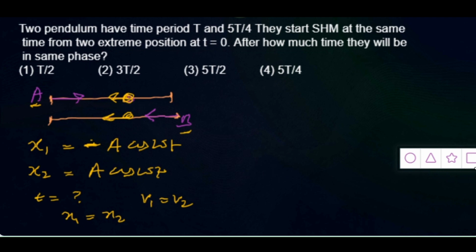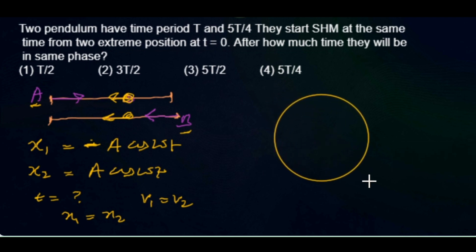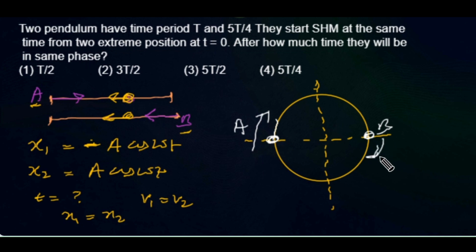What would be the second method? We are just going to use the concepts of UCM. We already know simple harmonic motion is the projection of uniform circular motion, right? So we can say the two particles are at two different extremes, A and B, and you take the sense of rotation to be the same.